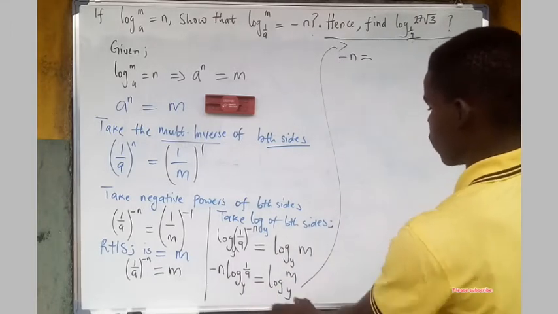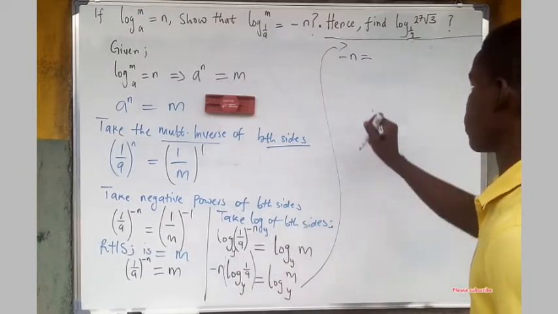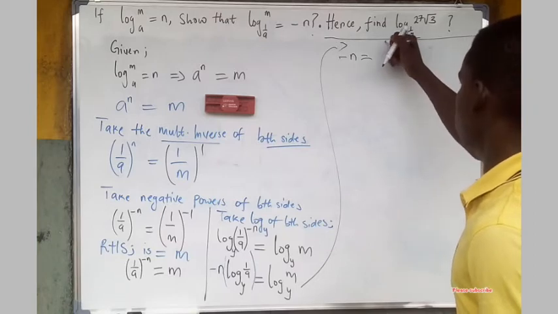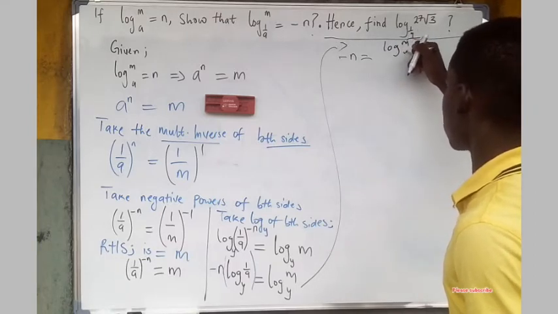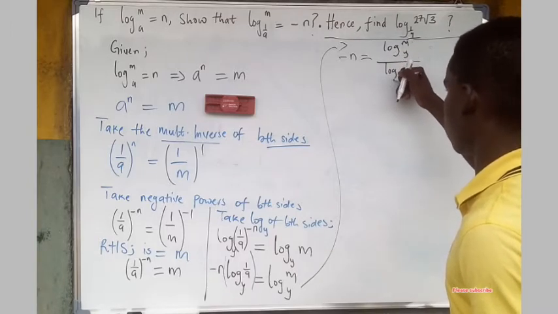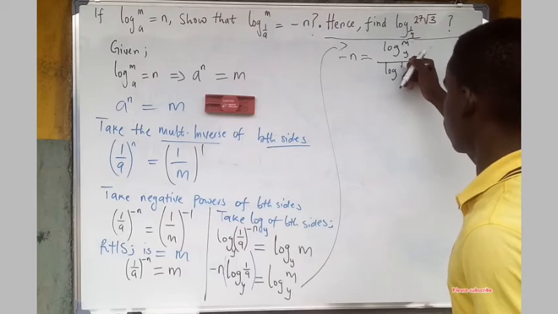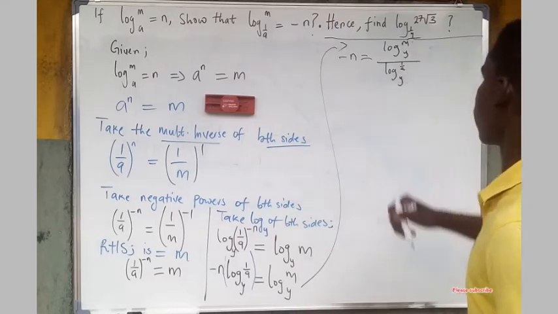We divide both sides by log of 1 over a to base y. So negative n equals log of m to base y over log of 1 over a to base y.